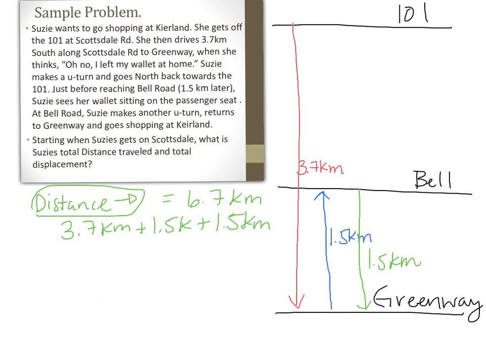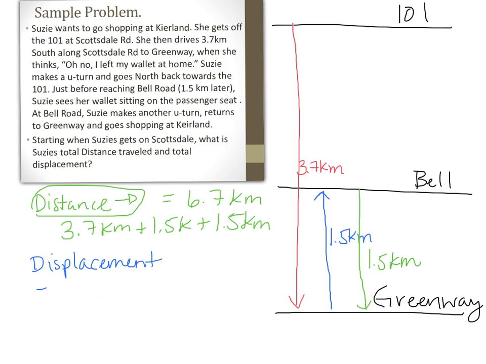Now, to find our displacement, this is where direction matters. If you remember from our videos before, we said that south or down is negative, and up or north is positive. So for displacement, we have to include those directions. You have to make things negative in order to deal with the numbers, and then at the end, if your final answer is negative, you know you went south, and if your final answer is positive, you know you went more north.